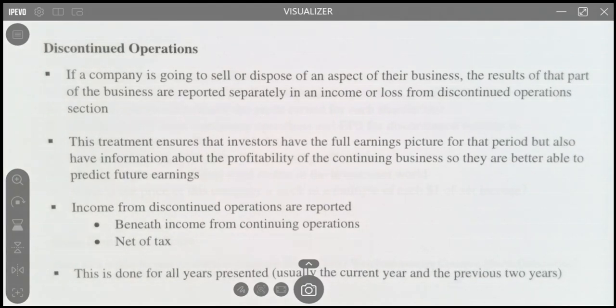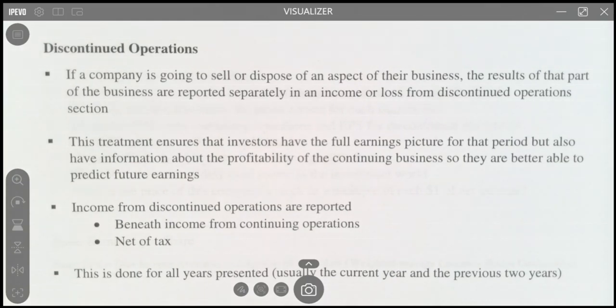This treatment ensures that investors have the full earnings picture for that period, but also have information about the profitability of the continuing business, so they're able to predict future earnings based on what will be there in upcoming years. Certainly, the results of operations for the business about to be discontinued are relevant, but they're less relevant for predicting future income statements, which is one big aspect of what investors are doing when they analyze our income statement.